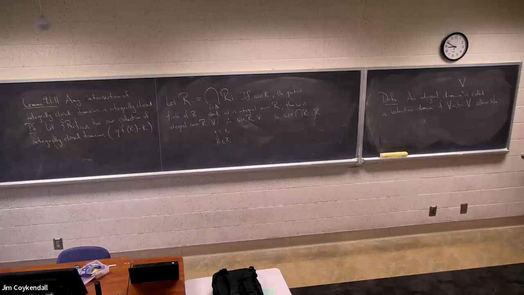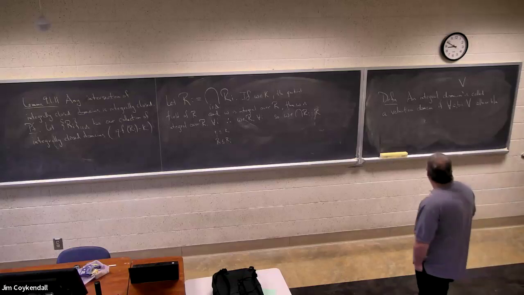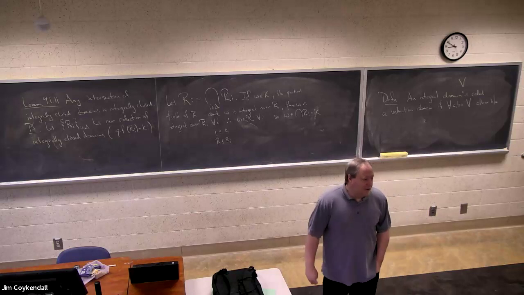You could put an order on this kind of thing, but I always like examples so that I'm not just making stuff up. Can anybody think of a valuation domain? Q or R. Any field will be a valuation domain, for example. Can anybody think of an example of a valuation domain that's not a field?